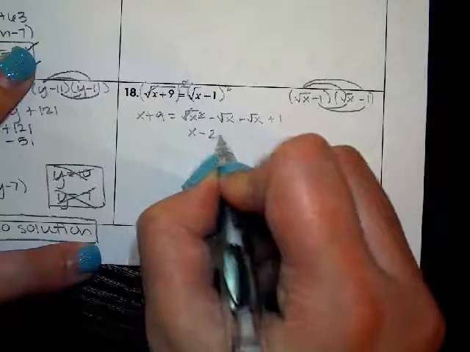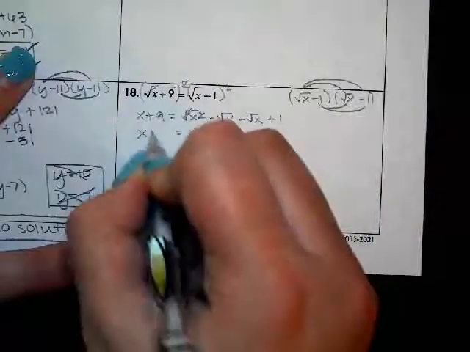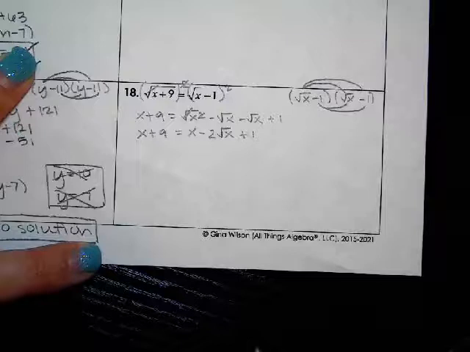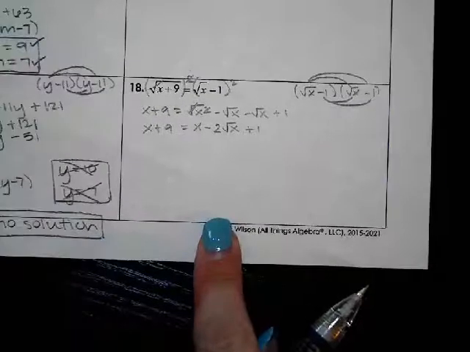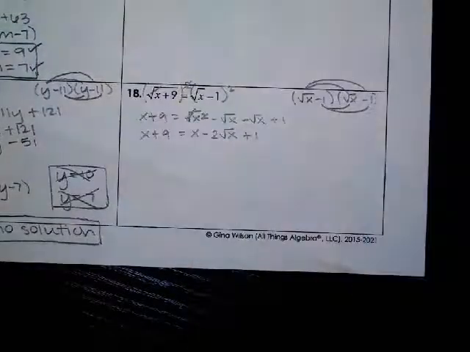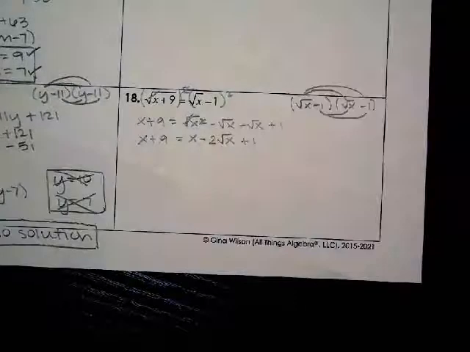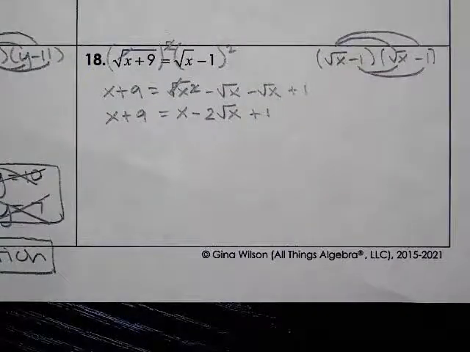Okay, so what just happened is this problem kind of turns into a double because our goal was to make it so there was no radical in the problem, and we started doing that, and then we still have a radical in the problem. So we're actually going to have to do the process again. So what we're going to do is we're going to try to isolate this on the right side.